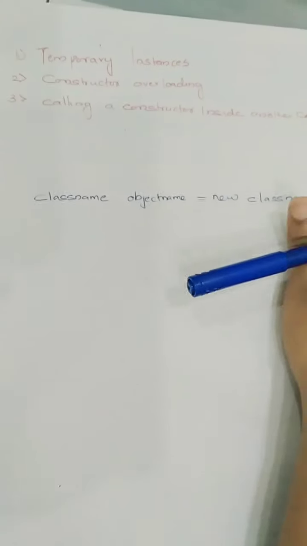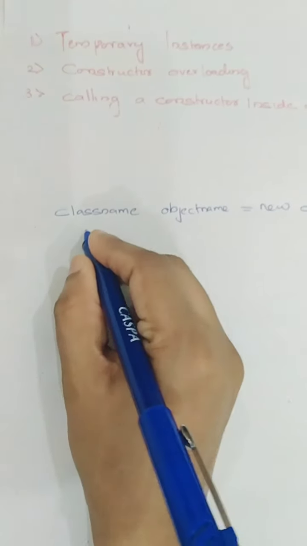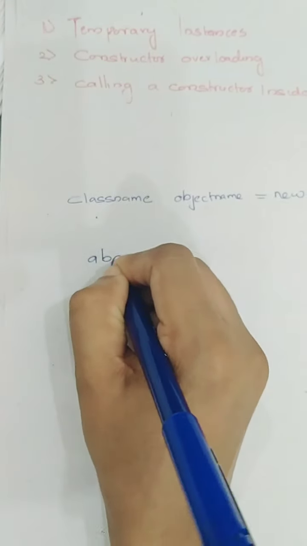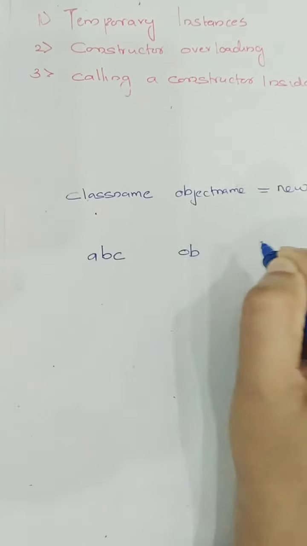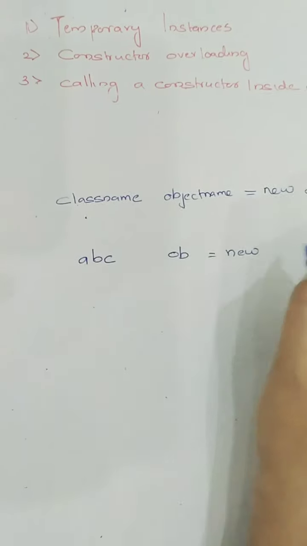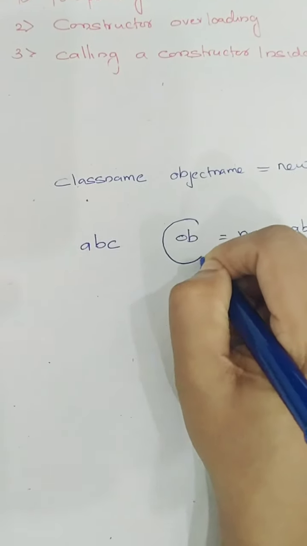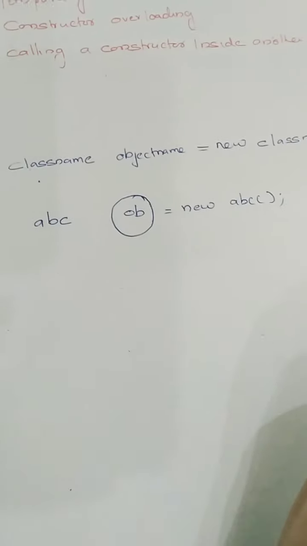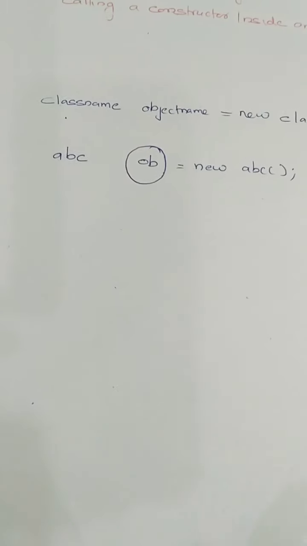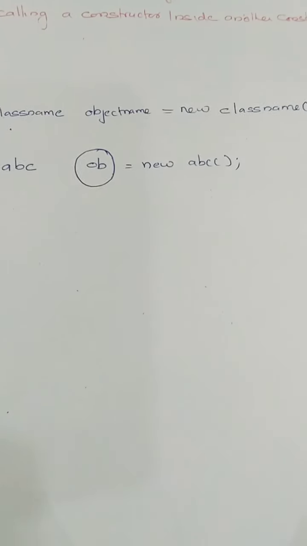Now, suppose my class name is ABC and I am giving an object name OB is equal to new ABC of. Here we are mentioning an object name. This is for a permanent object.